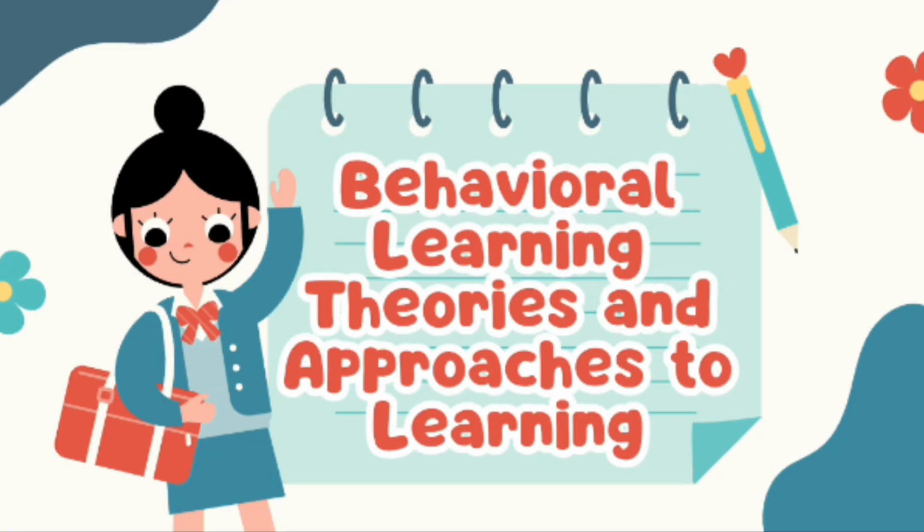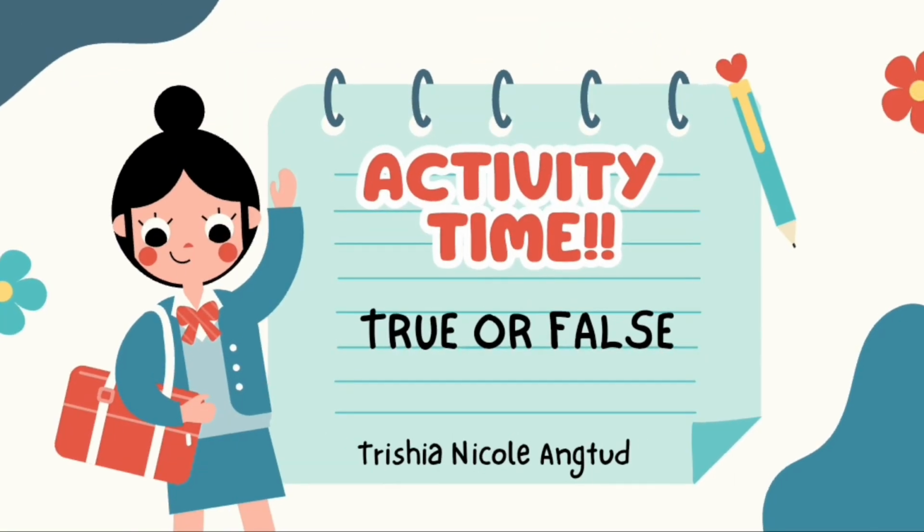Behavioral learning approaches help us understand why children and adolescents behave the way they do, and how simple experiences can shape habits, attitudes, and even their future success. By exploring these theories, we uncover powerful insights that teachers, parents, and caregivers can use to guide young people toward positive growth and meaningful learning.